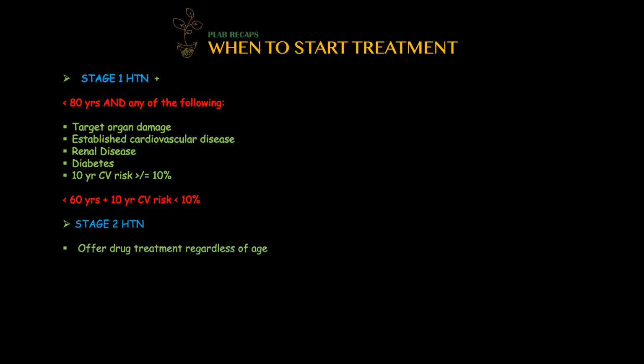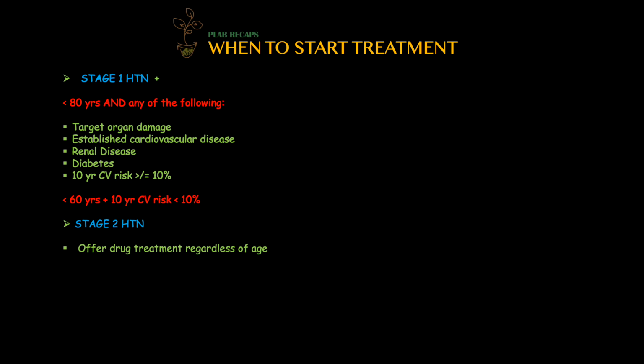If the patient has stage 1 hypertension and is less than 80 years old with any one of the following, that is target organ damage or established cardiovascular disease or renal disease or diabetes or a 10-year cardiovascular risk of more than or equal to 10%, then this warrants you to consider starting antihypertensive treatment.